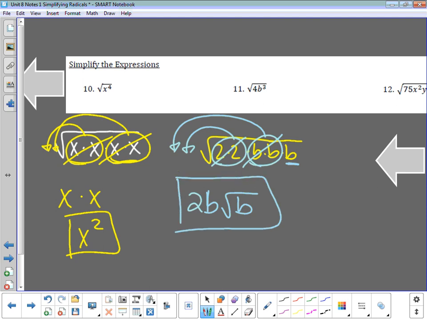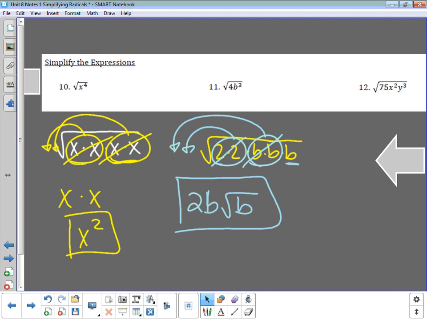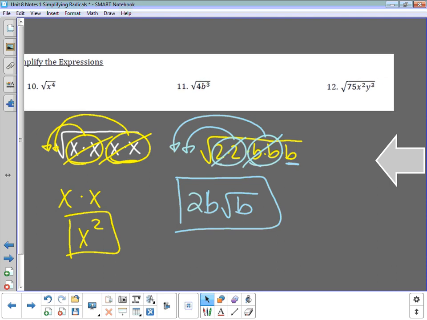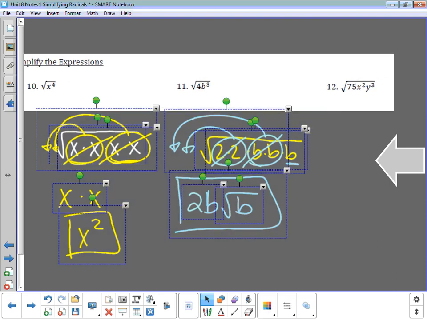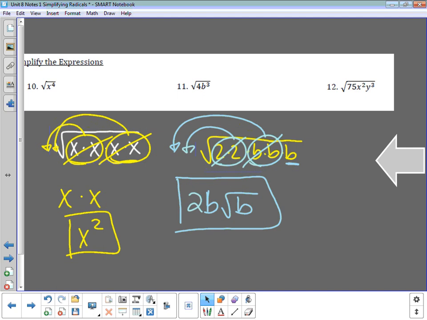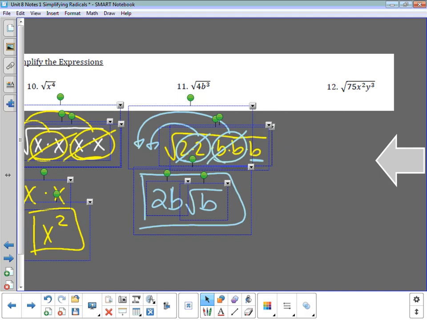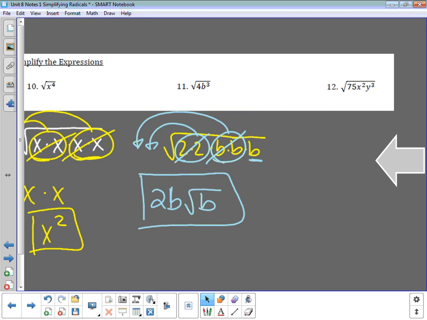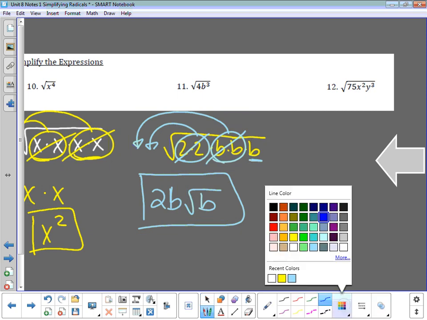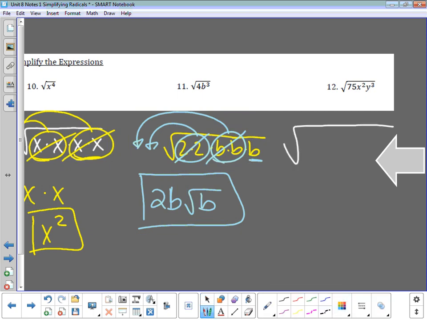Okay. In number 12, I have 2 variables here, but again, the process doesn't change. I'm going to break down the 75, which we already know is 3 times 5 times 5. And the x squared is, so I have 3 times 5 times 5. X squared is x times x.